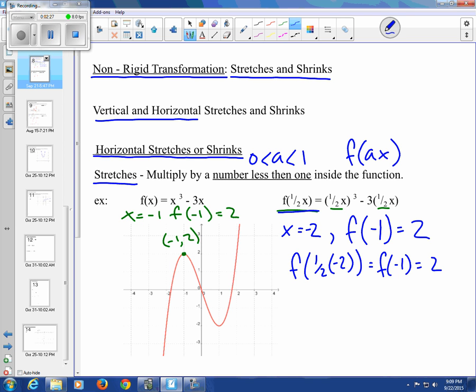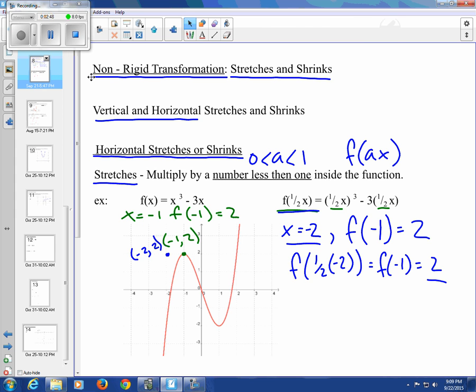So right here, we're seeing actually the ordered pair that gives us that max value of 2 happen at the x value of -2. So right here we've got the max happening over at -2 on the x-axis instead of that -1.